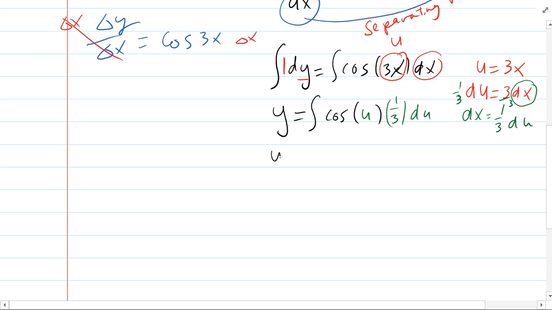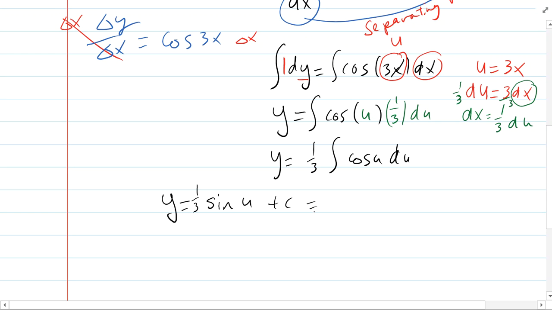I can factor it out. So y equals 1/3 integral of cosine of u du. And what is the integral of cosine? Whose derivative is cosine? Hello? Anybody awake? Sine, right? So is this just going to be 1/3 sine of u plus c?